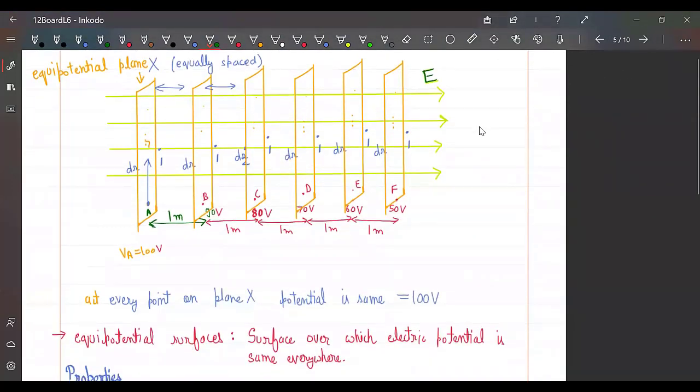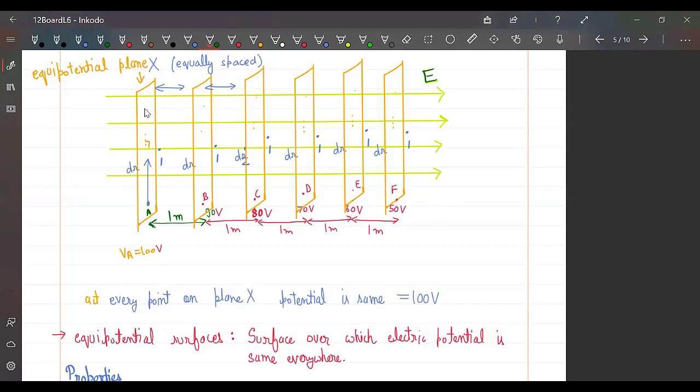And so there are planes, points, which if we join them together, where the electric potential does not change, those planes will be called equipotential planes. So an equipotential plane is a region at which the potential remains the same. At this point A, potential was 100 volt, and moving perpendicularly everywhere, the potential was 100 volt.